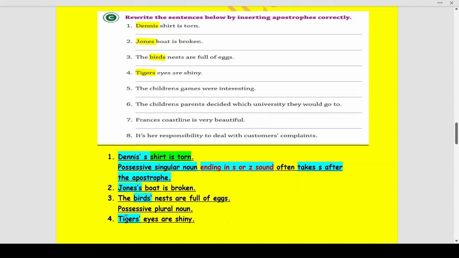Because the tiger's plural form is ending in S. Next, the children's games were interesting. Children's, this is ending in S. The children's parents decided which university they would go to. The children's parents. Children is again your plural noun. Let us do the fifth one.